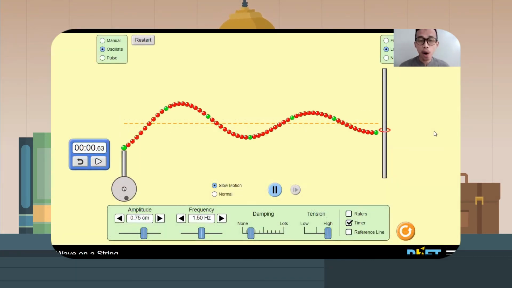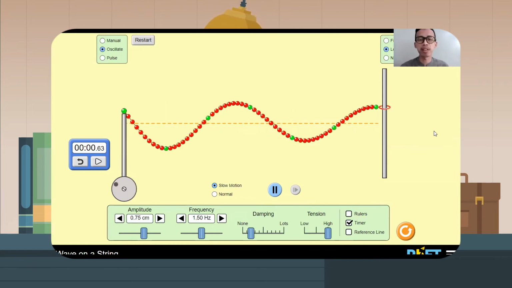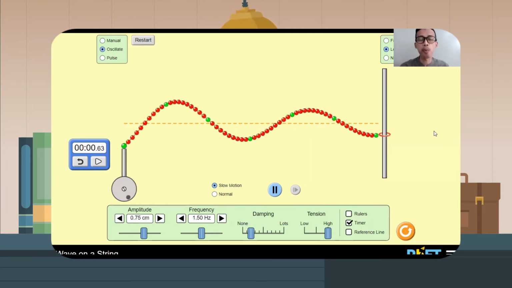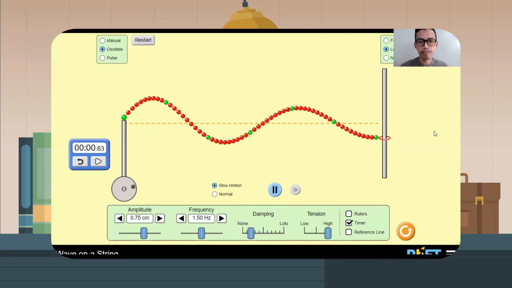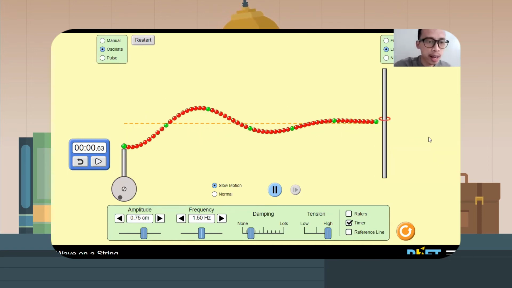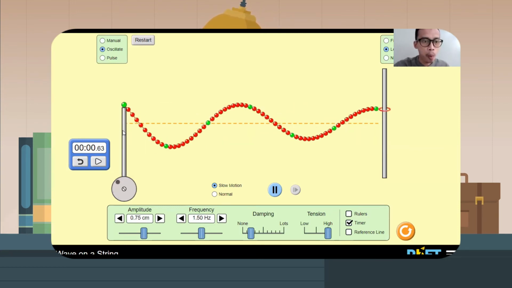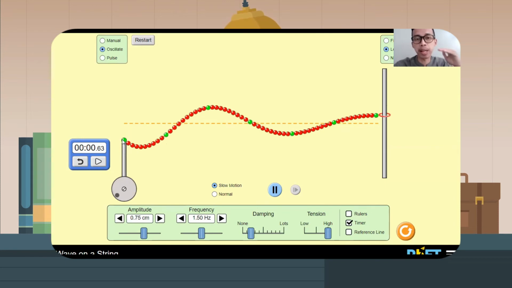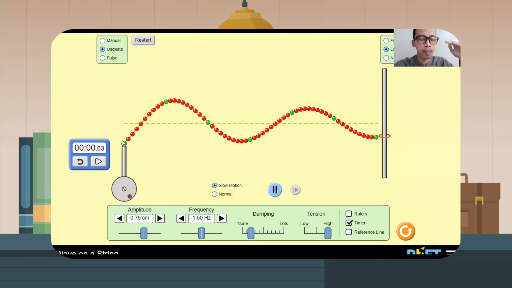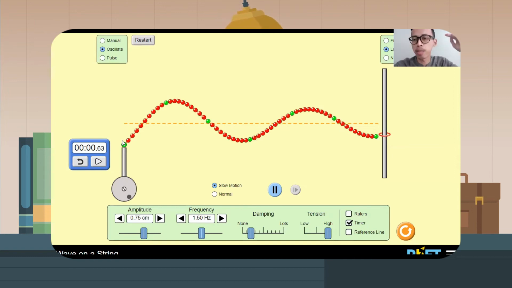Okay, students, now we are going to discuss period. Period can be described as the time taken for one complete oscillation. To identify one complete oscillation, you can pay attention to this first green ball when it reaches its maximum position, moves downward, and goes back to the maximum position again.